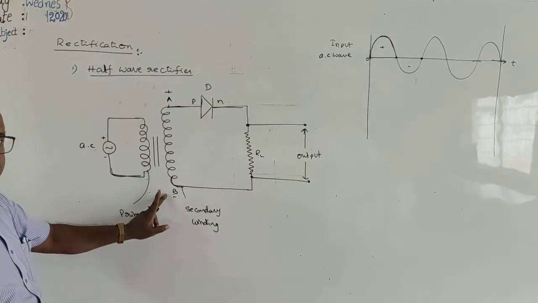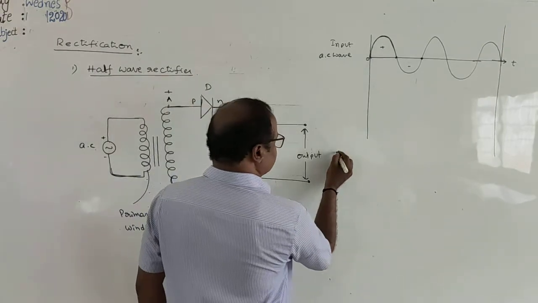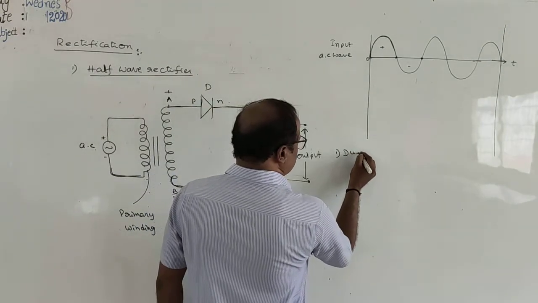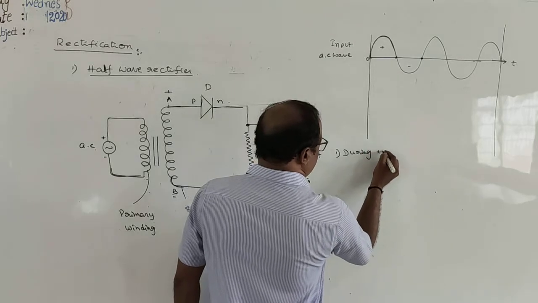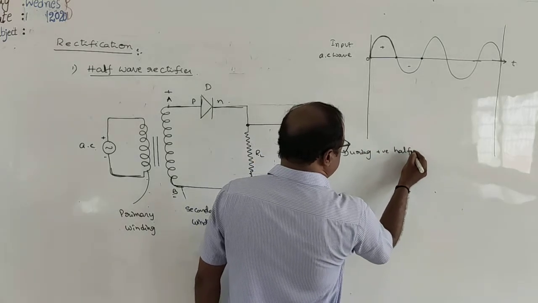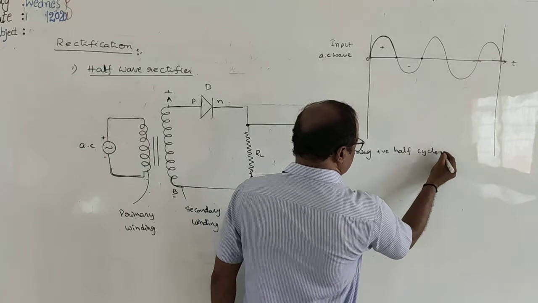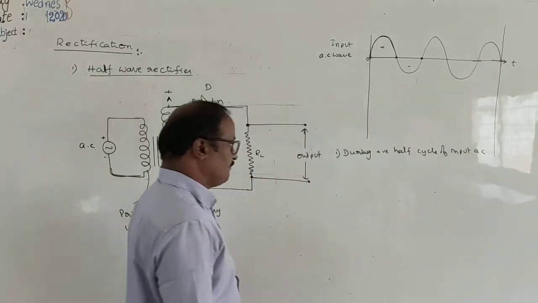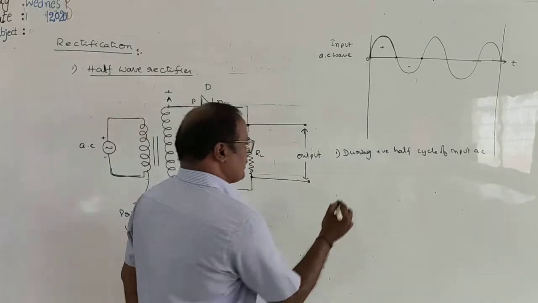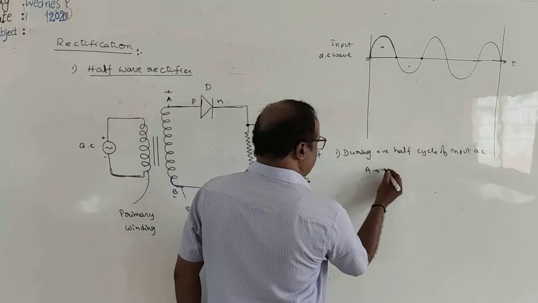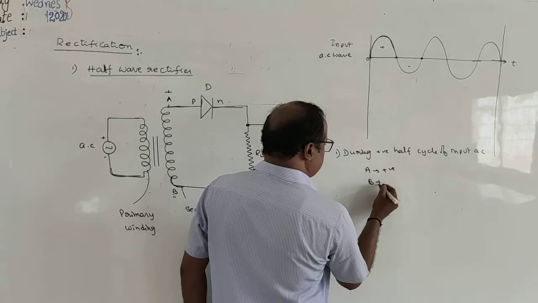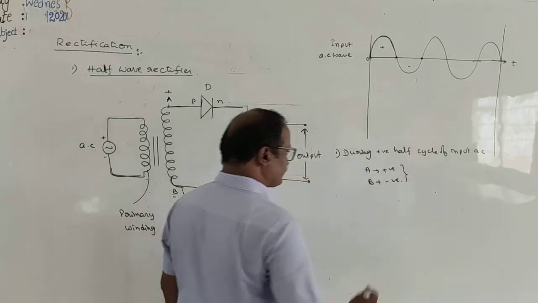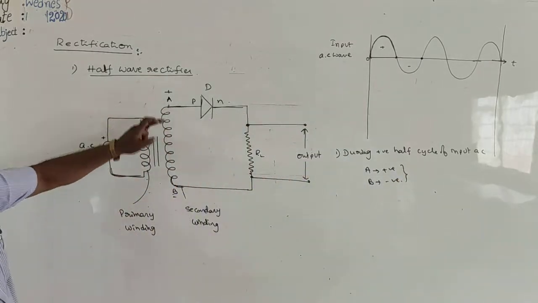So first one, during the positive half cycle of input AC, A becomes positive and B becomes negative.